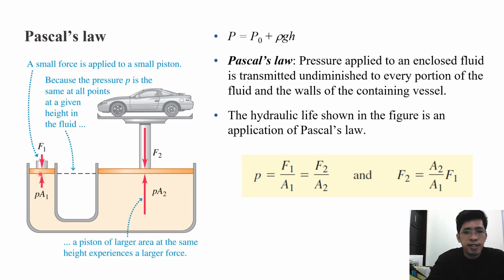Now, since the pistons here, this area and this area, are movable, if we apply some force here, this force will be transmitted there. If you have a small force applied to a small piston, because the pressure P is the same at all points at the same height in the fluid, you can apply the small force F on area A1 to move a piston of larger area at the same height, which experiences a larger force.